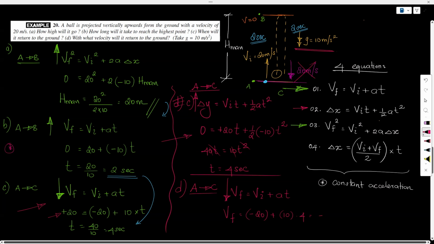So that is minus 20 plus 40, which is going to be 20 meters per second. Which is exactly what we know from the previous examples, right? But in exams or in any tests, if you are asked to figure it out, then you have to do it this way. Okay.